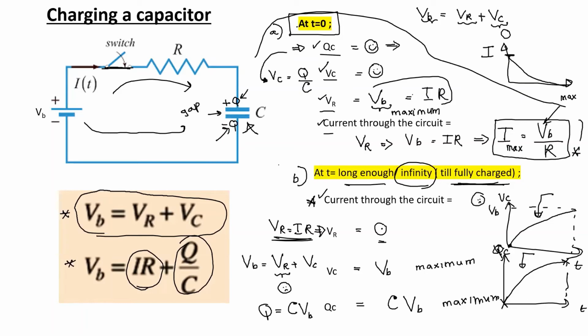If you know these two things, what the condition is when time is 0 and what the condition is at infinity, or once you wait till it's fully charged, you can figure out the shape of the curve, right?